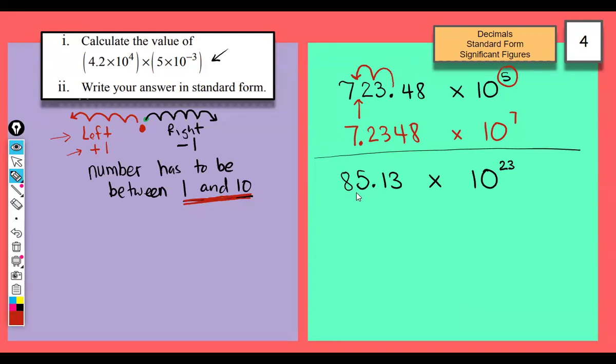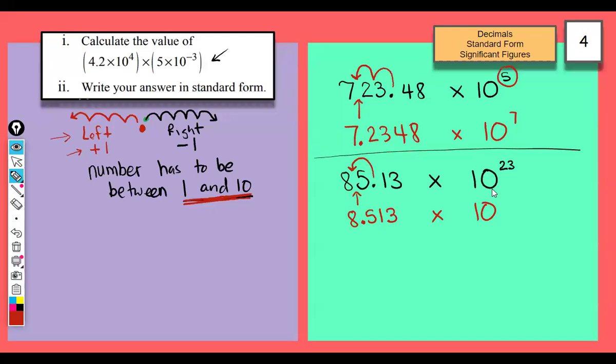For it to be between 1 and 10, we have to move the decimal point between the 8 and the 5. So to complete its journey, the decimal point has to jump 1 final place to the left. So you get 8.513. And what would the number over the 10 turn to?